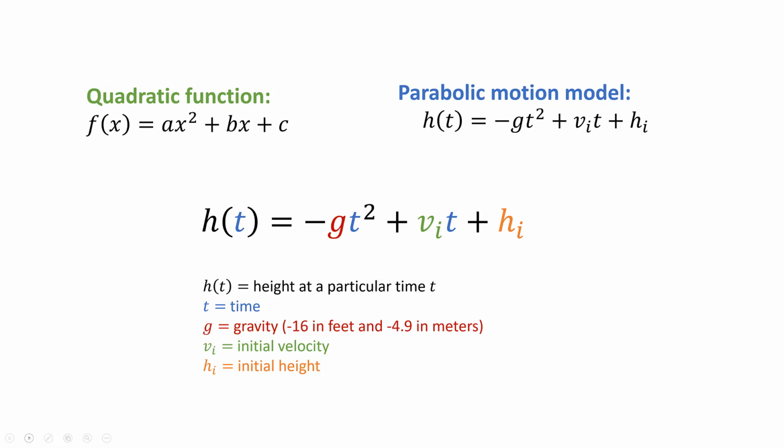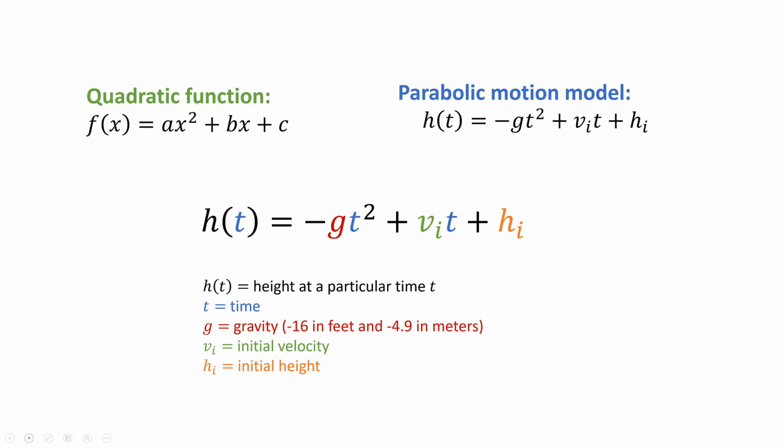T represents time, usually in seconds. G, which is the coefficient of the quadratic term, means gravity. If the distances in the problem are being measured in feet, the value of G is going to be minus 16.